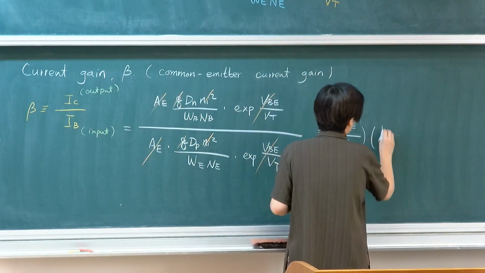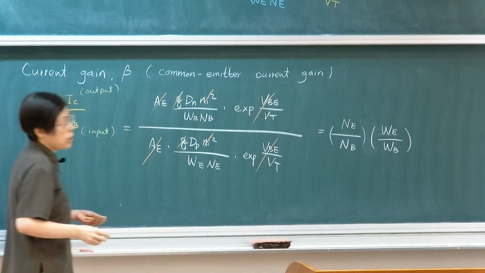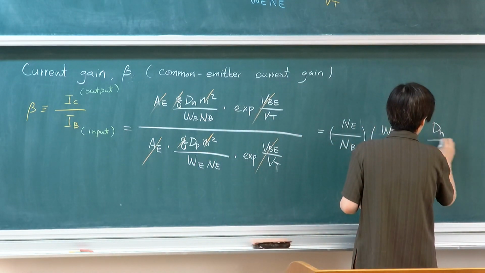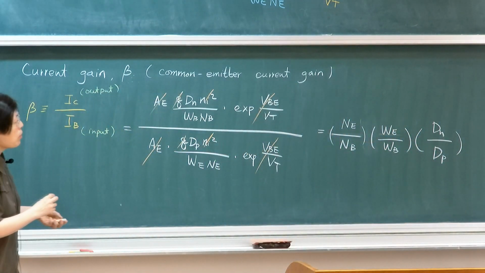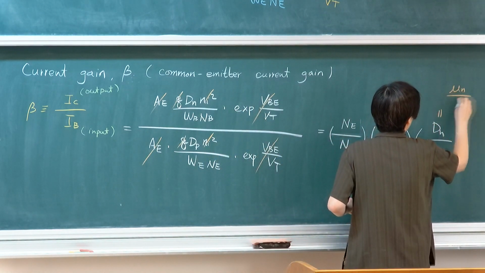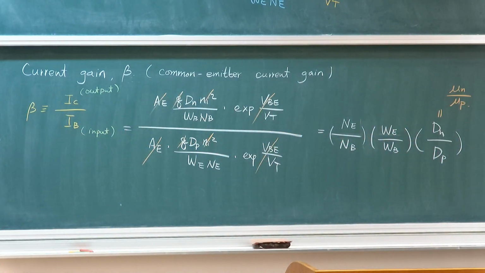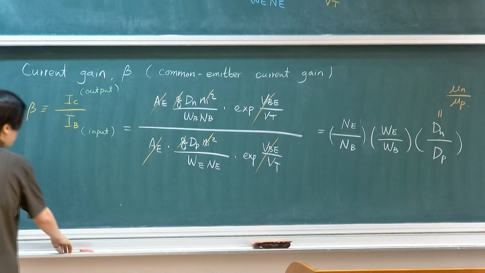Then it depends on the depth of the junctions, or the distance between junctions, the ratio between the two. Then it depends on DN and DP. And if I want to rewrite this, because it's a constant at the same temperature, it would directly depend on the mobility ratio.